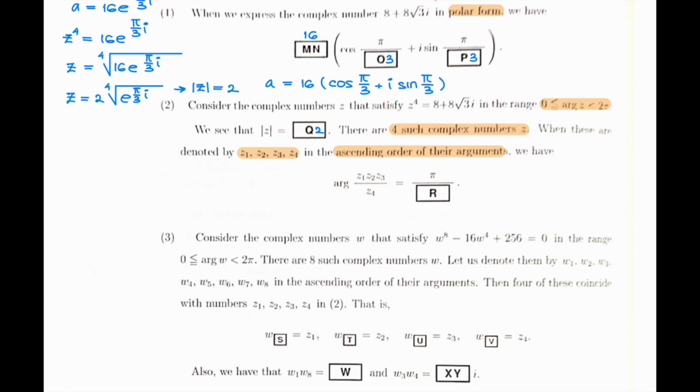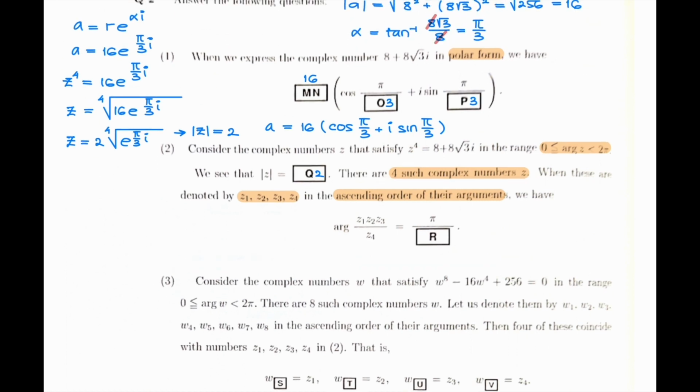Because we have an equation with degree 4, that means there are 4 different solutions for z. To find those 4 solutions, we need to write down the argument in the general form. So if I write down the argument just as pi over 3, I cannot find the 4 solutions of z. So I need to write down the argument in the general form.